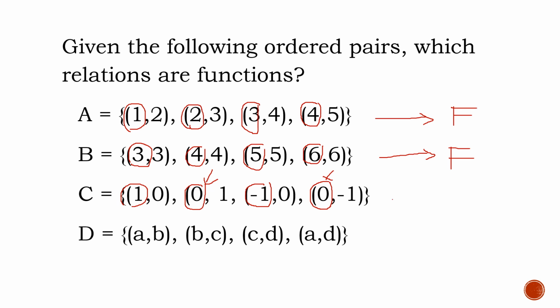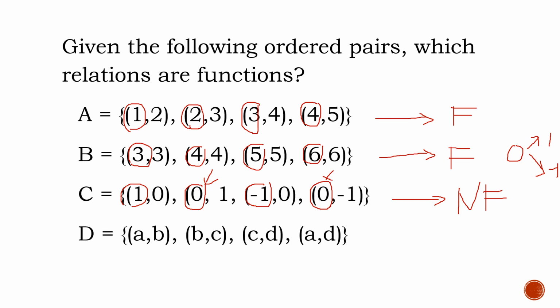So this set of ordered pairs is a relation but not a function because this set of ordered pairs under your C, at some point, represents a one to many relationship. Why? Because your 0 can be mapped to your +1 and to your -1.